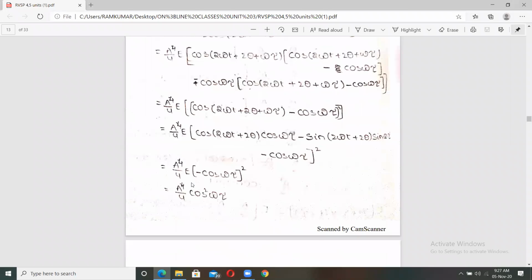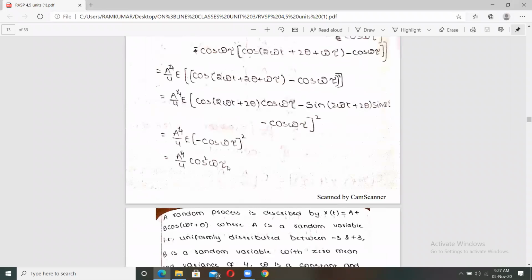A square by 4 into cos square omega tau is the autocorrelation function of y of t.